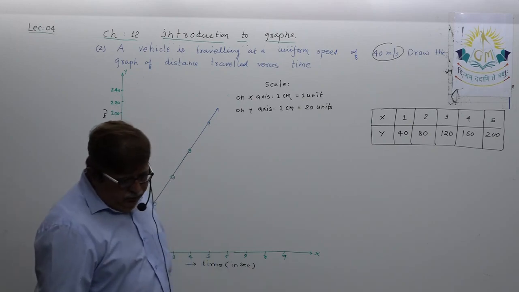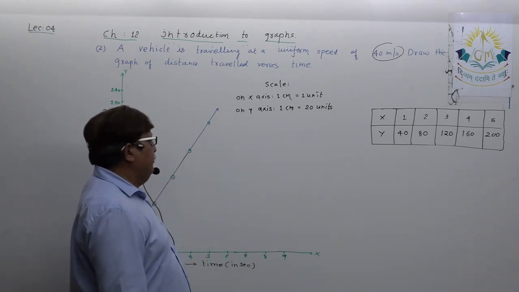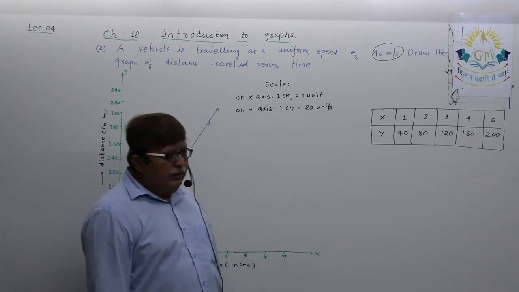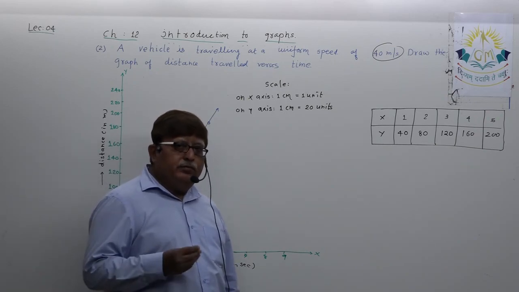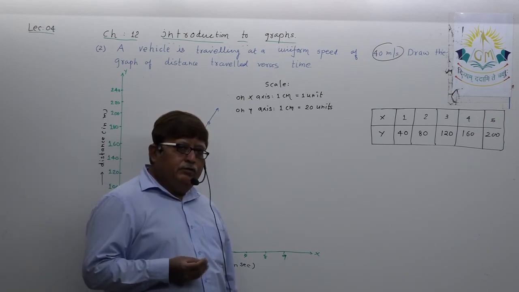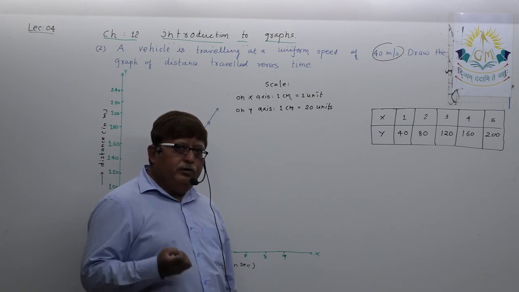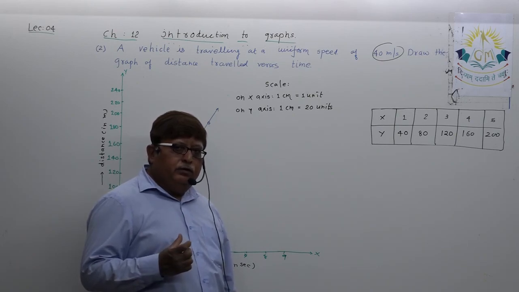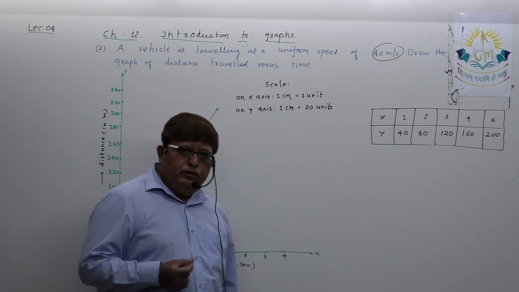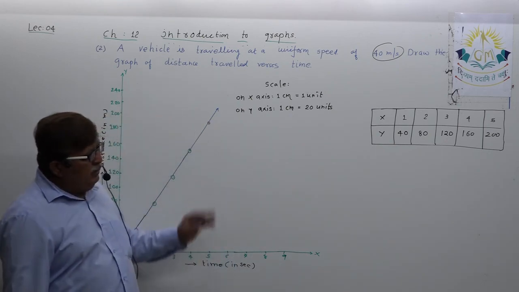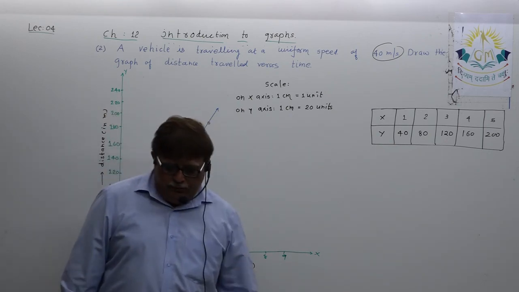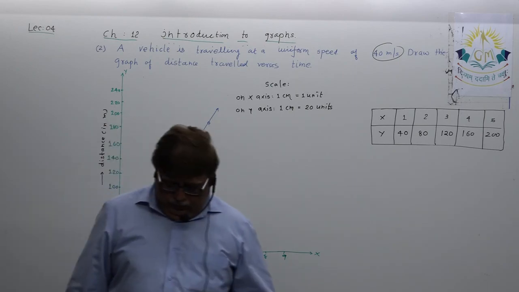Then we also practiced today two types of graph. One graph regarding simple interest versus number of years, and then the graph of distance versus time.